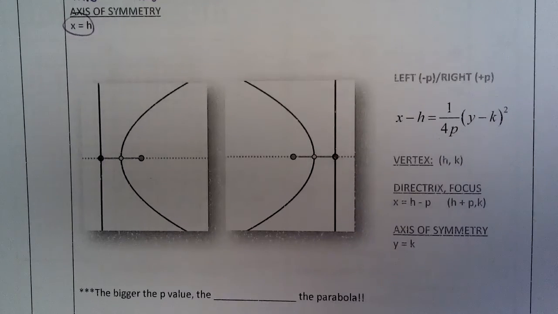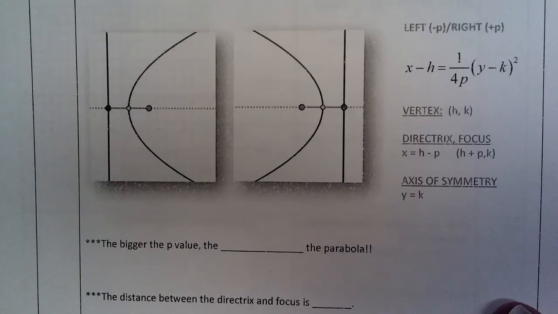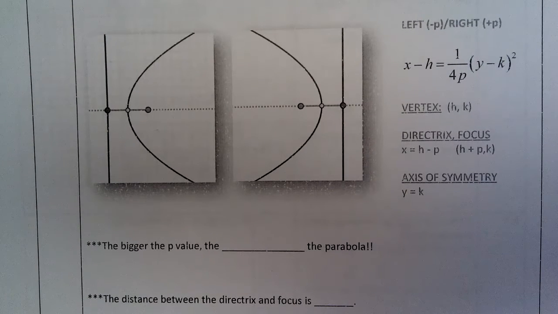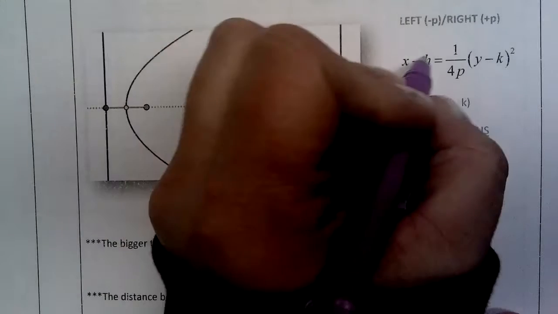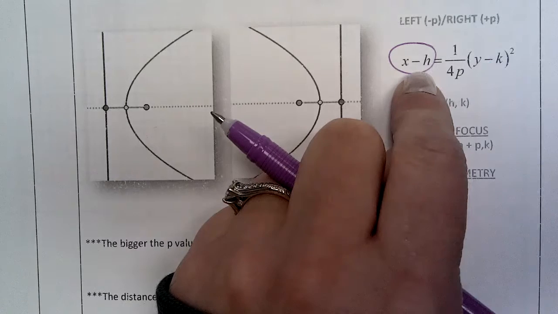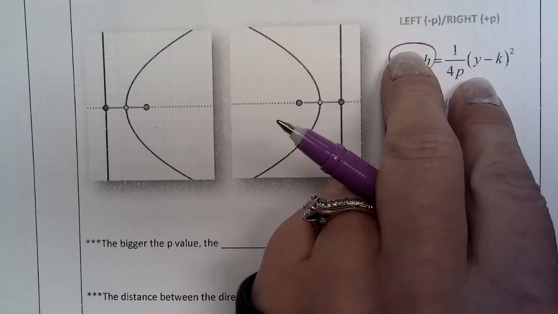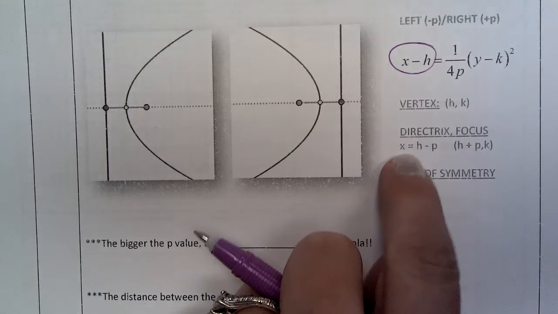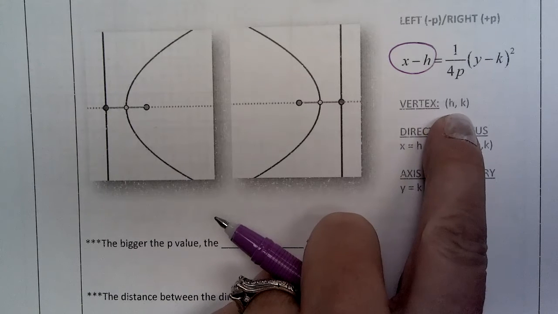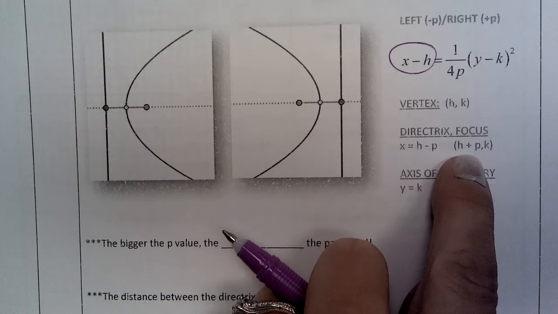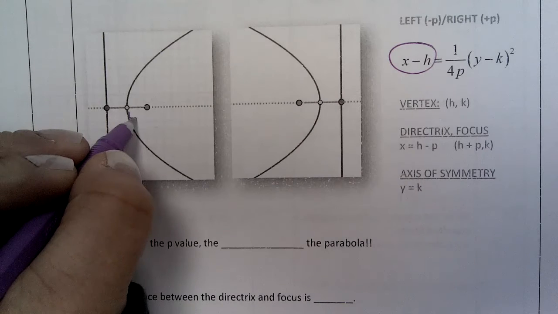So when we're talking about a parabola that opens left or right, it's going to be a very similar formula, except now you'll notice that the x minus h is here and the y minus k is there. So those two things just swap places. The vertex is still the point (h, k). The directrix and the focus are still p distance.